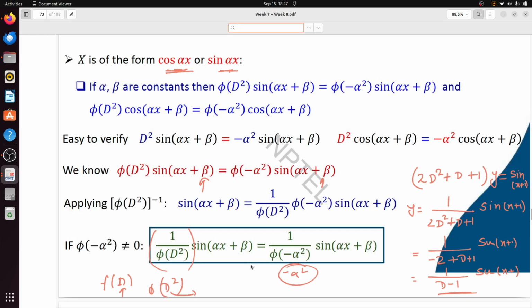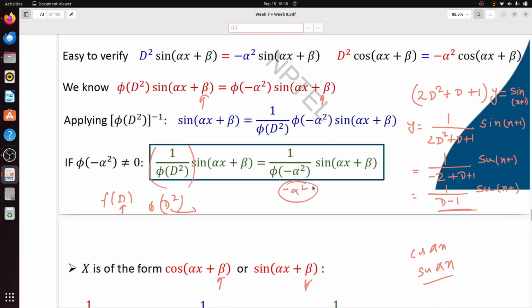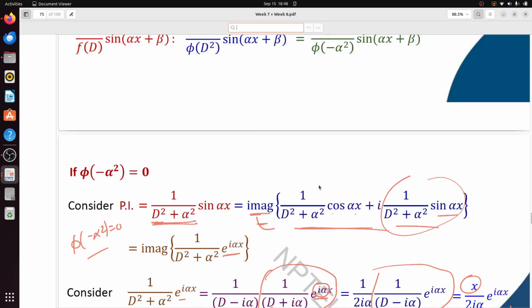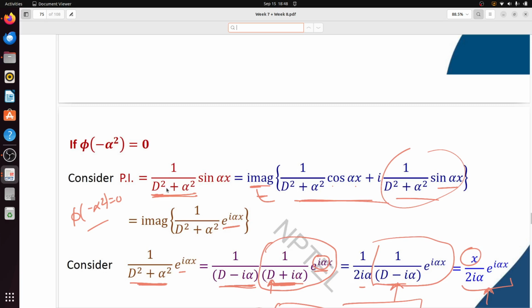I will discuss solutions of each type, so just stay with me right now. But if phi of minus alpha square equals 0, like 1 by (D square plus alpha square) sin alpha x, if you put minus alpha square instead of D square, you will get 0, so 1 by 0.